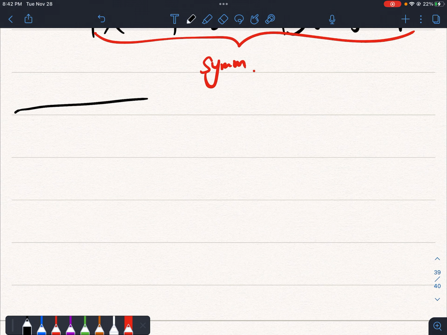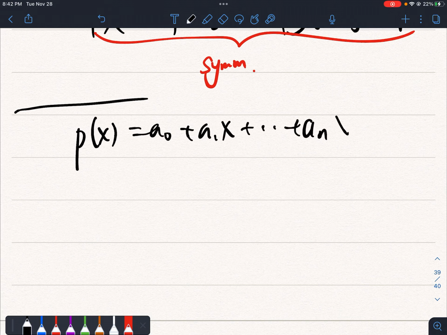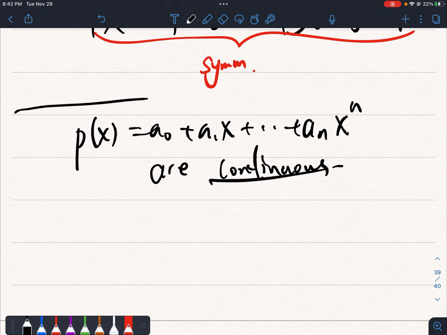So we have seen one example, which is all polynomials are continuous. So we can actually use the limit law to prove something similar. So like the sum of continuous functions is continuous, the difference of continuous functions is continuous, the product and then the quotient of continuous functions is continuous if the denominator is not 0.